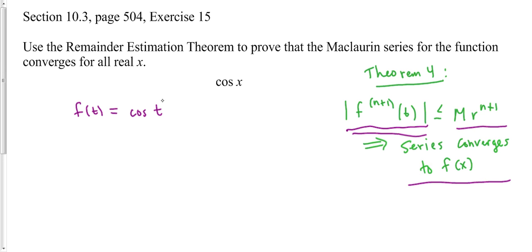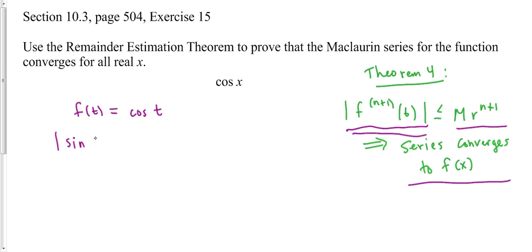cosine t. Now, we know that no matter how many times we take the derivative of cosine t, the n plus first derivative, for instance, we're going to get either sine or cosine. And we know that sine or cosine have an upper bound.